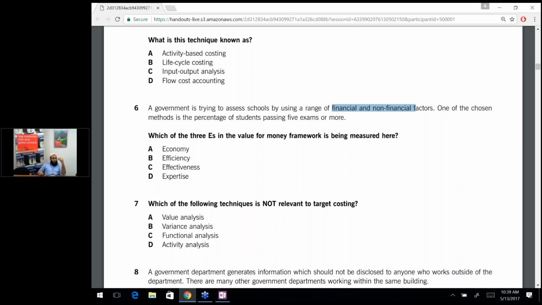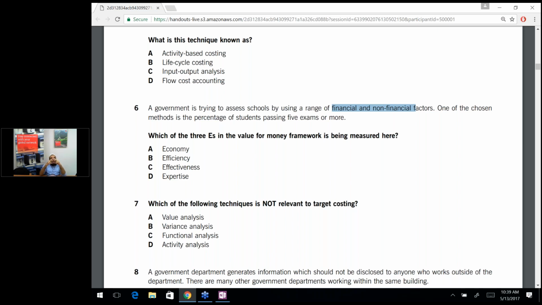So, my friends, whenever you need to check the performance of any not-for-profit organization, the way to do it is using the 3 E's. And what are those 3 E's? Economy, efficiency, effectiveness.